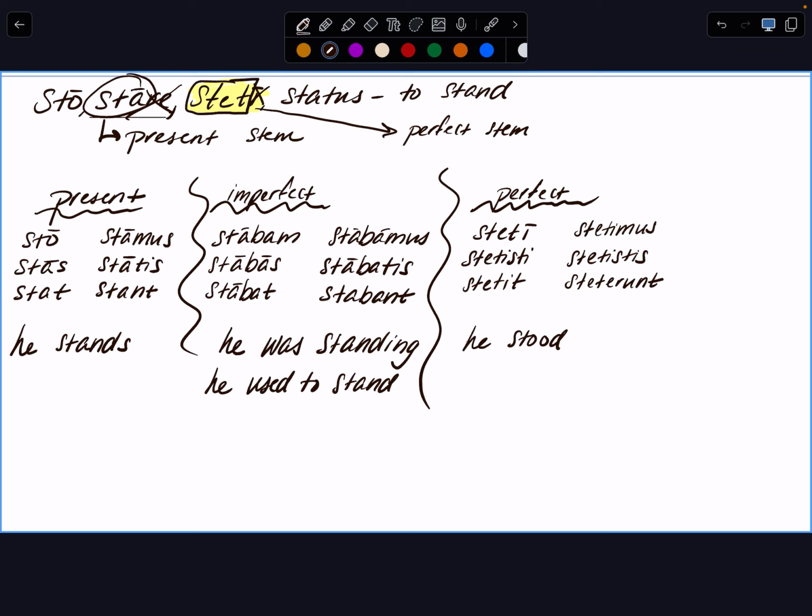She was eating lunch. She could still be eating lunch. We don't know. She ate lunch. Does that sound more final? Lunch is probably done. So that's the difference between the imperfect and the perfect. One is continuous action, whereas the other one is completed.